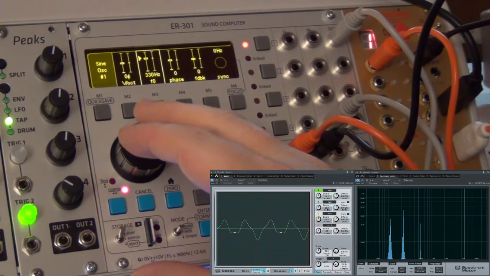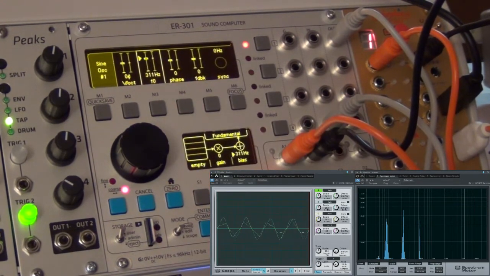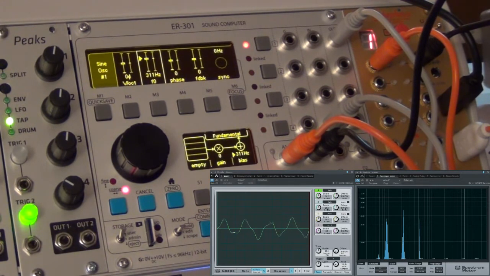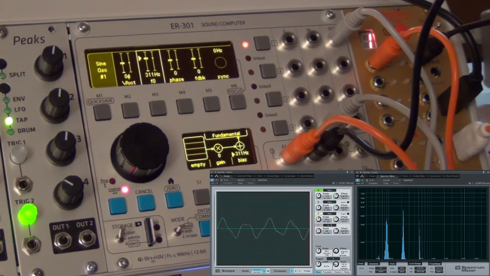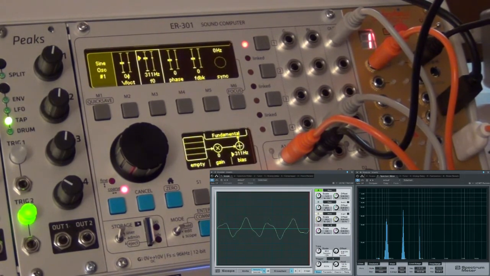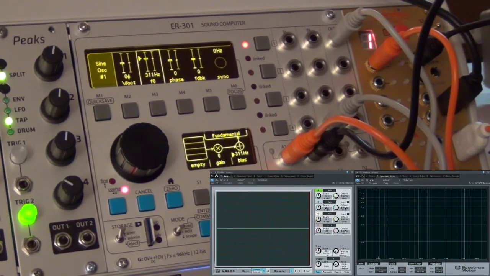You can see now we've got the three bands. We've got the original sine wave tone in the center, and then these two sidebands that are half as loud as the carrier. Okay, so I think that is it on that topic, ring mod and amplitude modulation.